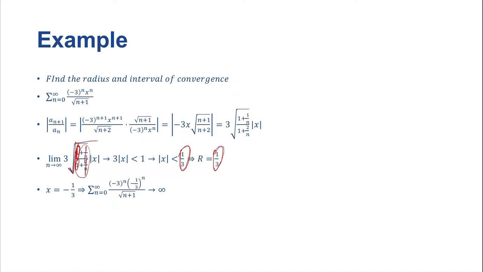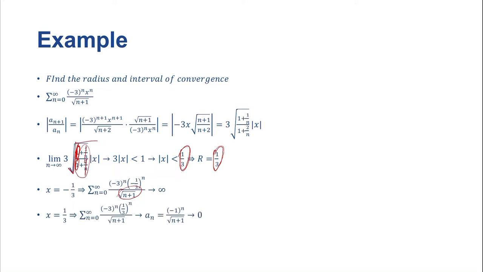If we have x equals minus a third, then we get the sum from n equals 0 to infinity of (-3)^n times (-1/3)^n over the square root of n+1. What we get here is a series that diverges, because (-1/3)^n and (-3)^n multiply to become positive, and then we also have a p-series down here where p is a half, which is less than 1, so that means that we diverge.